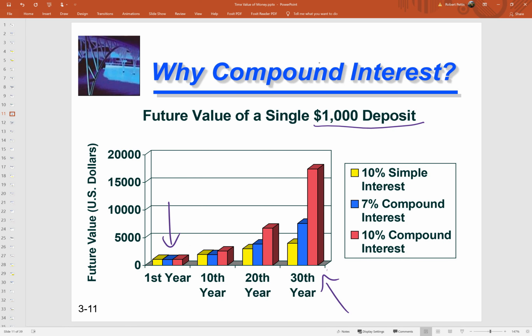So this graph shows why it's so important to know about interest. We've got this simple interest, which is what we just talked about, and it's at a 10% rate. If we deposit $1,000, we can see how that simple interest changes over time. It's going to be growing.